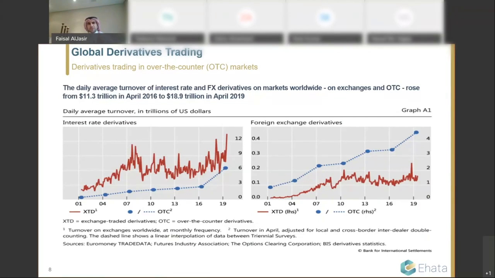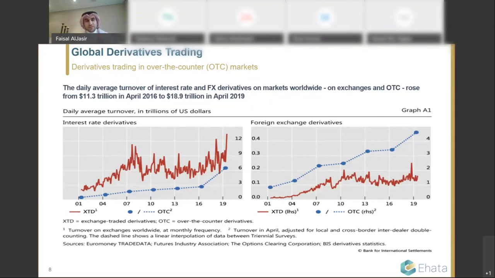The daily average turnover, covering foreign exchange derivatives and interest rate derivatives, worldwide, sorry, has jumped from 11.3 trillion in April 2016 to 18.9 trillion in April 2019, and we are talking here about the daily average turnover.